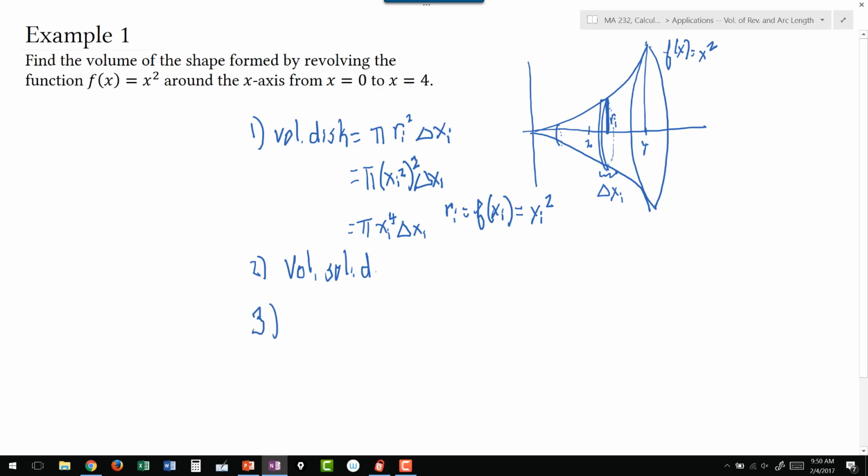Next, we get an approximation to the volume of our solid by adding up the contributions of all of the disks. So we'd get a sum from 1 to n if we had n disks, and we'd be adding up these pi x sub i to the fourth times delta x sub i's.